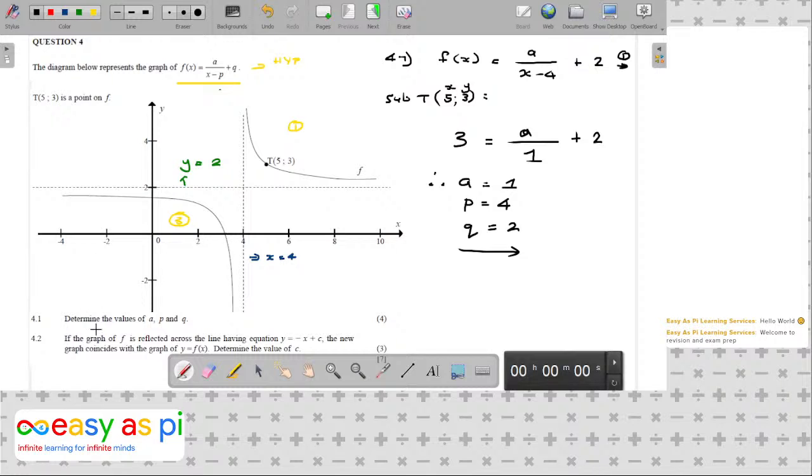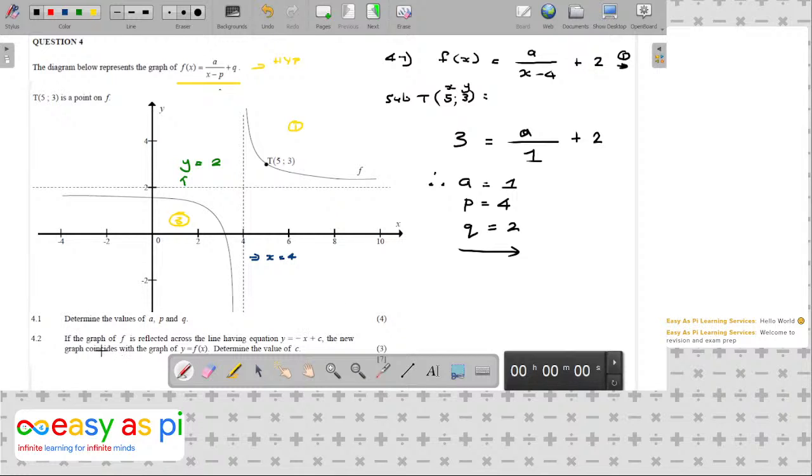Nothing so far. And then they say if the graph is reflected across the line y is equal to minus x plus c, the new graph coincides with the graph of y is equal to f of x. Determine the value of c.